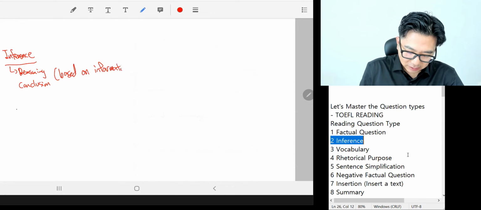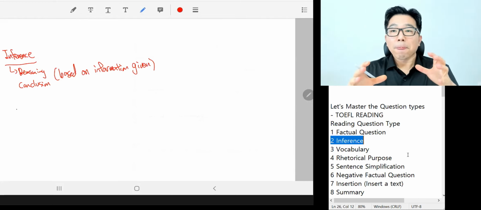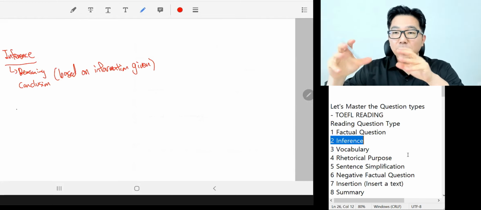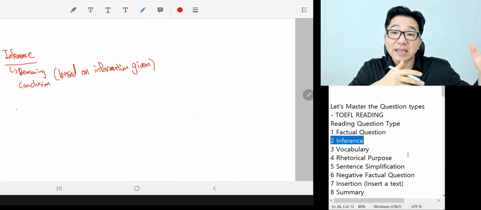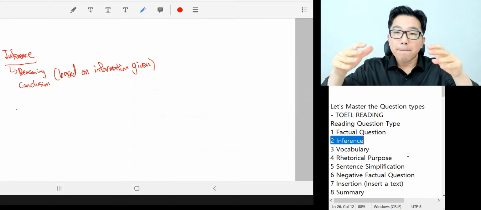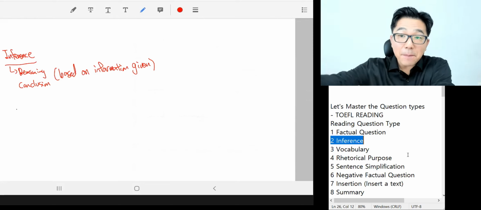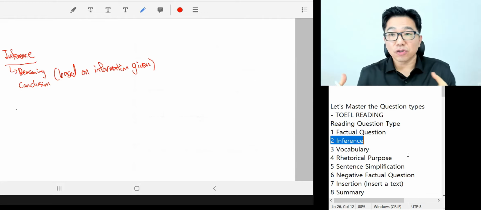It could be facts, evidence, or whatever. So inference means you are making a decision or taking an action based on information given to you.